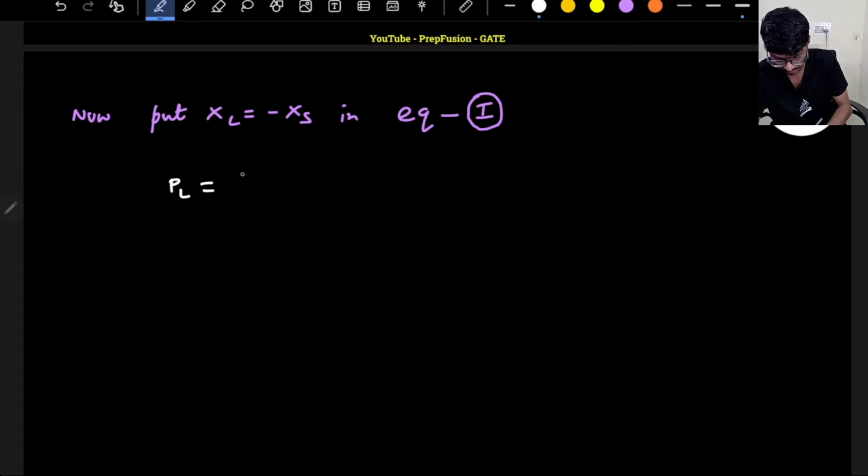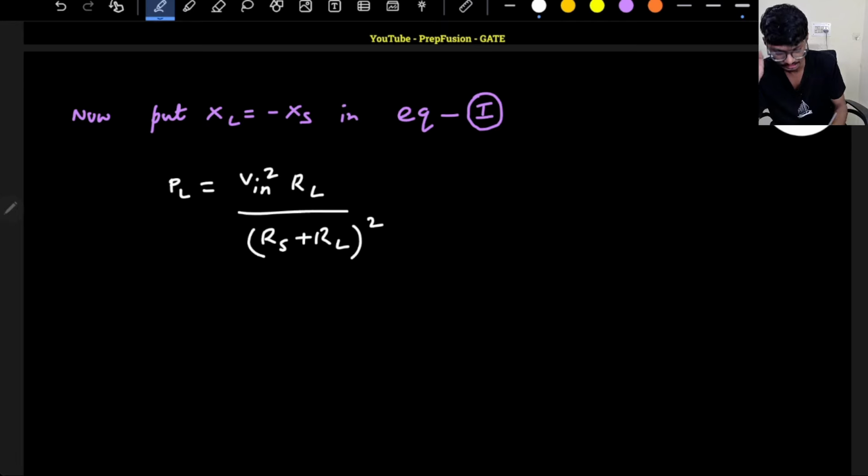Of course the reactance will get cancelled. I will be only left with Vin square into RL divided by (RS plus RL) whole square. That's it. Now again you differentiate this.